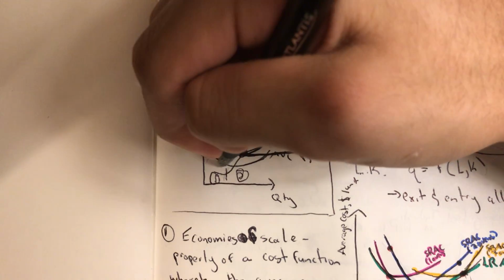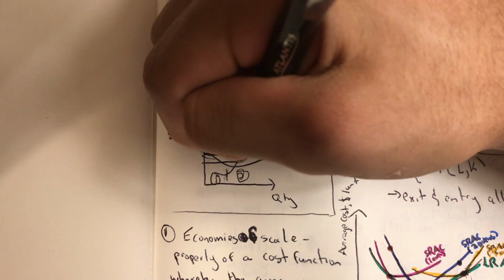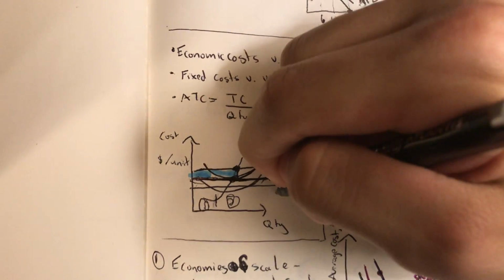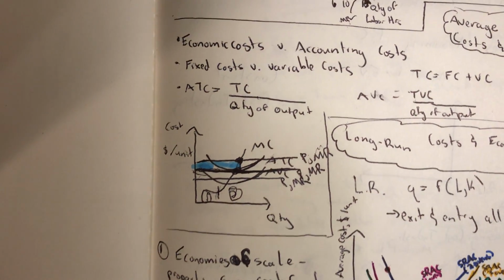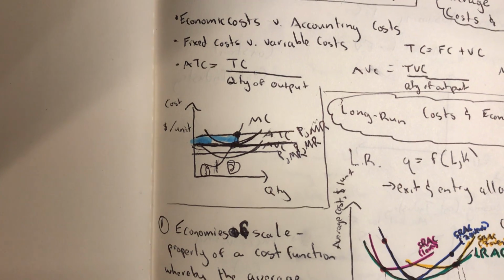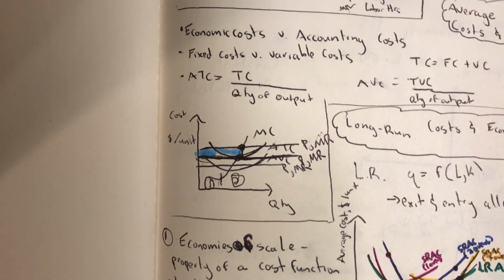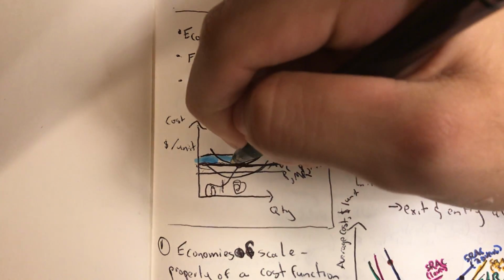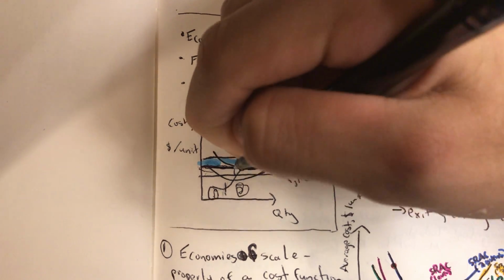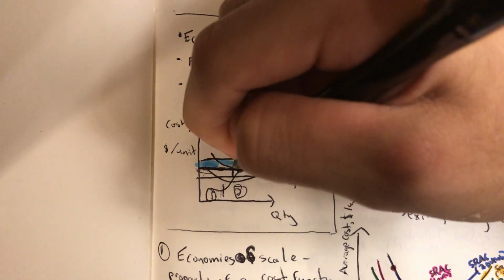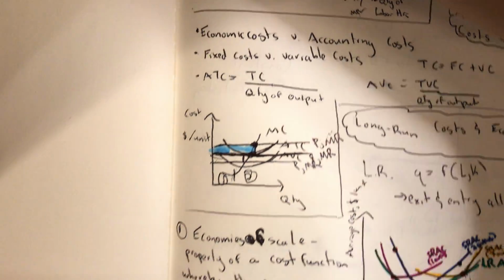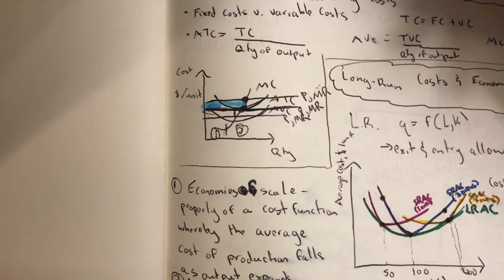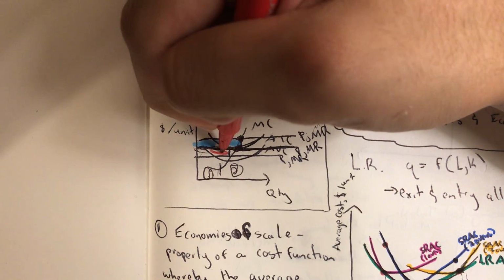Then we can also think about a price point in which the marginal revenue curve is above the minimum point of the average variable cost curve, but below the ATC curve. What does that mean for the firm? Well, it means that the firm is experiencing losses, right? Same logic, we go all the way up to the ATC curve to see and quantify those losses, and here I'm going to represent that with a bit of red.